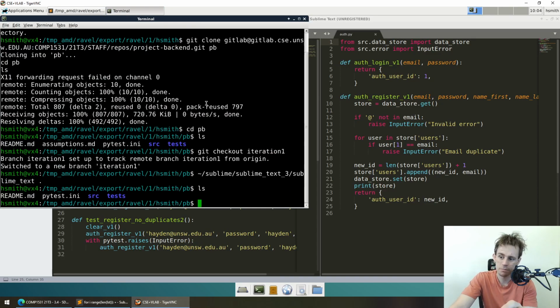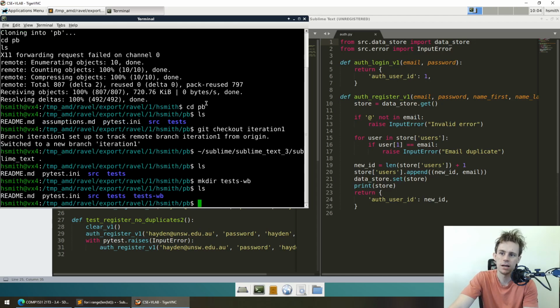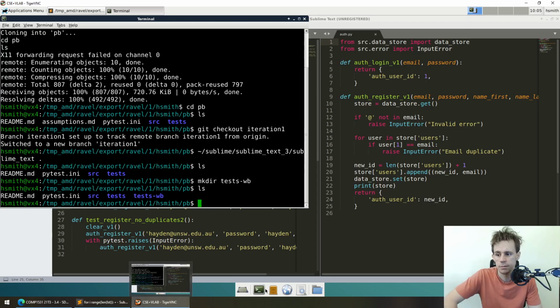But, and this is a really big but, don't put it in your tests folder. Make another folder called something like test white box. If we do decide to do some extra checks or marking on this, we might just test everything in your test folder, and we don't want bad stuff in there. So the short story is, your test folder is what we mark for tests. Make sure there's all the right stuff in there. You can put it in another folder, you can put it on another branch. I'd still recommend talking to your tutor.